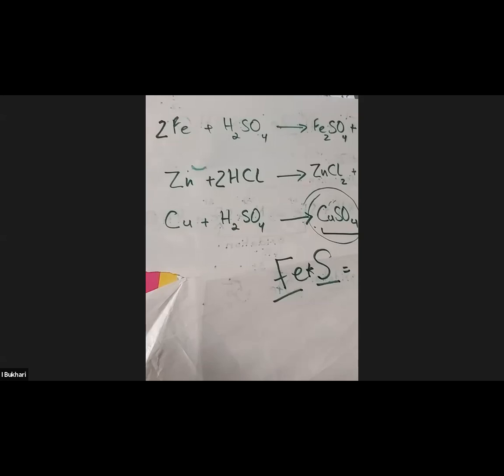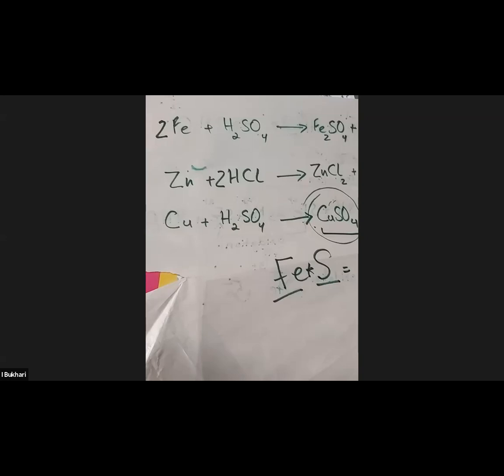Who's going to answer? Why is the reaction between copper oxide and sulfuric acid not titration? Titration meaning we are using a burette, adding measured amounts of the reactants dropwise. We are not doing all of that.